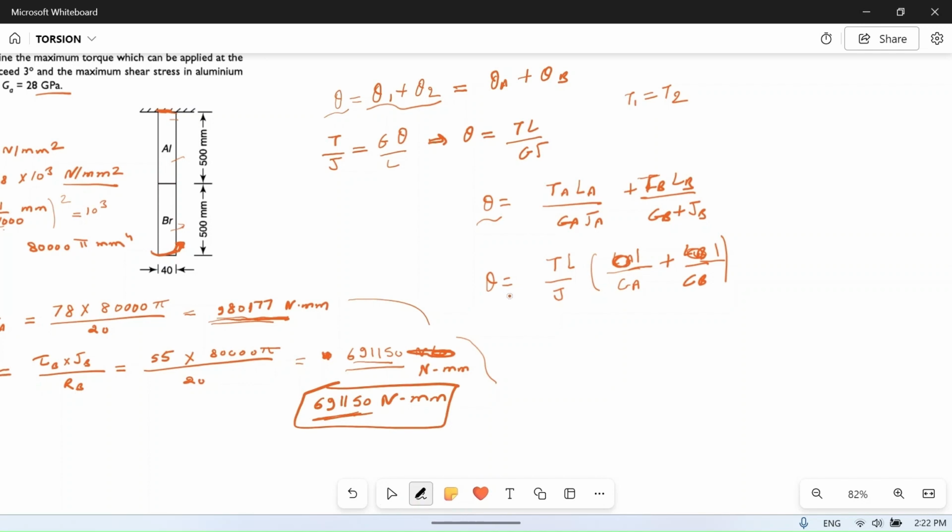So this theta is given as 3 degrees, but theta in the equation is in radians, so we will convert it into radians by multiplying by pi by 180.